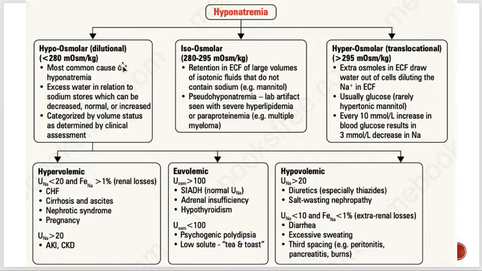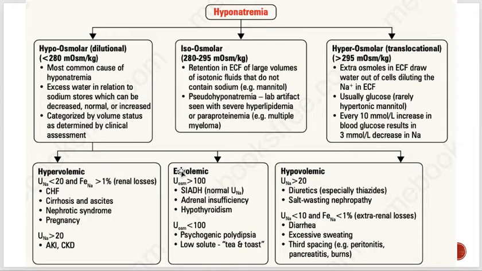But in that time, we keep on checking the serum sodium levels, the osmolality of the plasma, and urine sodium as well as urine osmolality, right? So we always correct it slowly. Okay, so this is what we do.